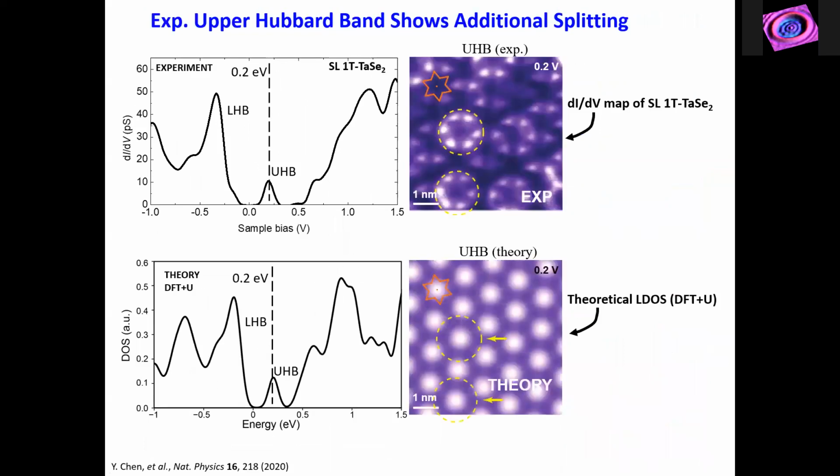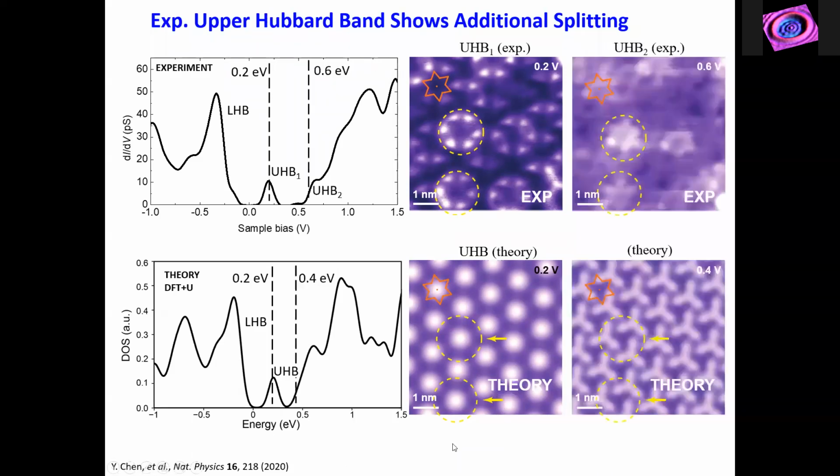Okay, and so we see that when we put the energy in the upper Hubbard band, the experiment and the calculation are quite different, and that's to be expected because we have a strongly correlated Mott insulator, so we don't expect DFT plus U to capture everything. And when we go to slightly higher energies, we also get very poor agreement between the experiment on top and the theory on bottom, because now we see that there's some LDOS in the middle, whereas the theory says that there shouldn't be.